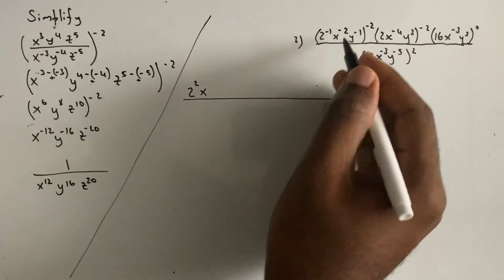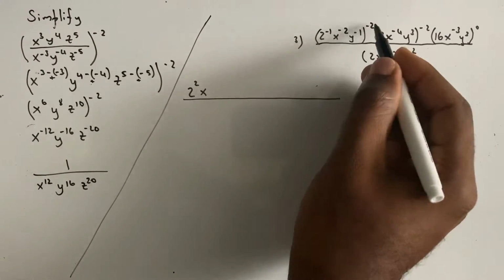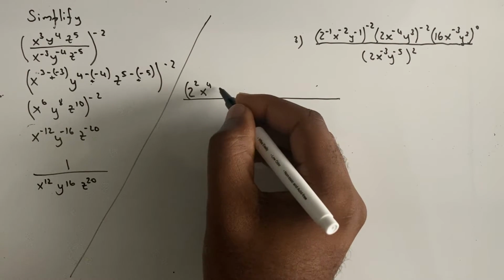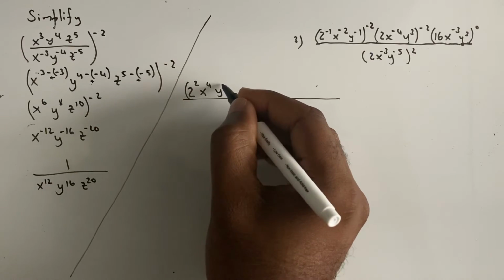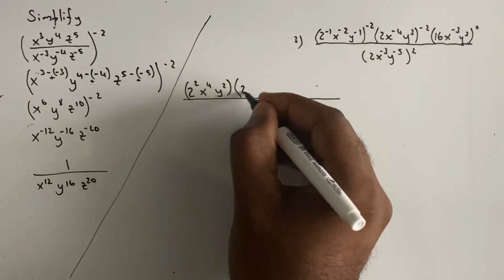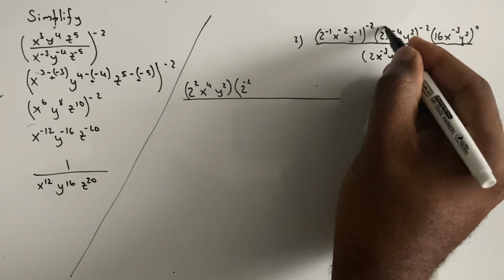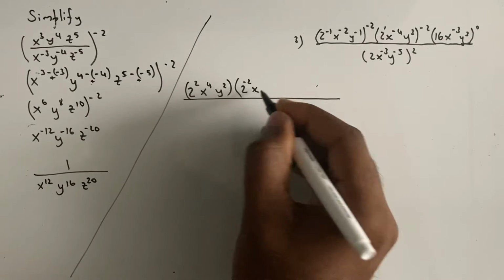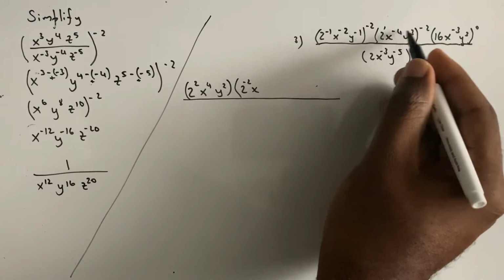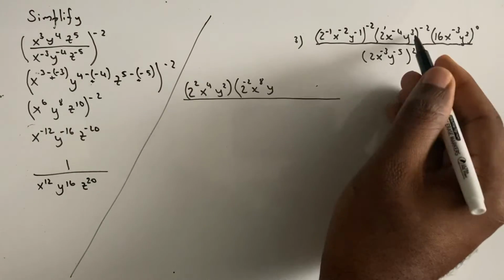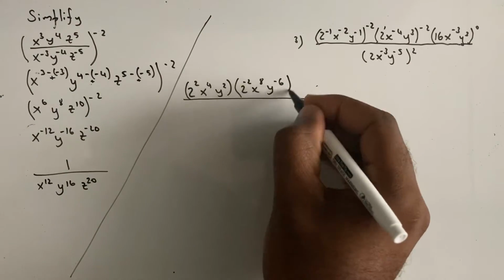Then x to the negative 1 to the negative 2, that's x to the positive 4, and y to the positive 2. I do the same thing here. This is 2 to the negative 2, because it's as if you have a 1 here times negative 2 is negative 2. Then x to the positive 8, and y to the negative 6.